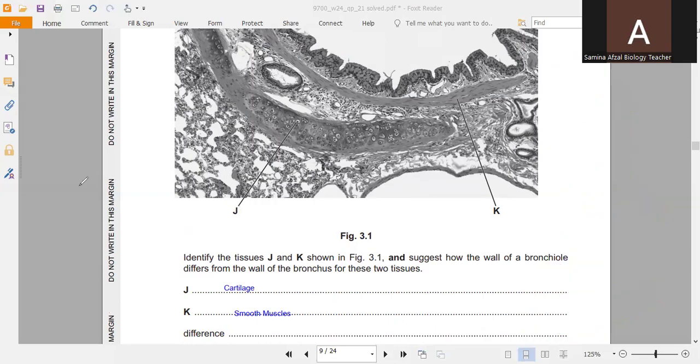So first of all, I have already solved this, because it will save time. You can see that J is cartilage. What is cartilage? It is a firm, flexible connective tissue composed mainly of cartilage cells, which are embedded in a gel-like extracellular matrix, which is rich in collagen.